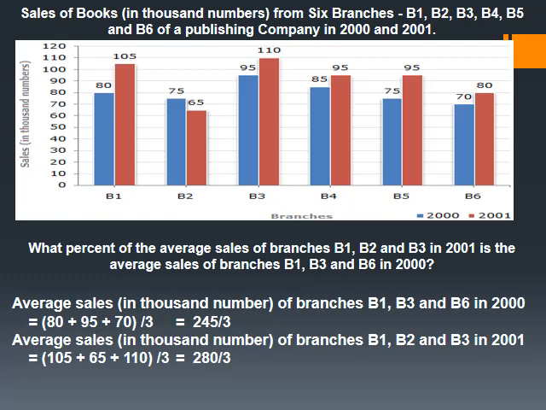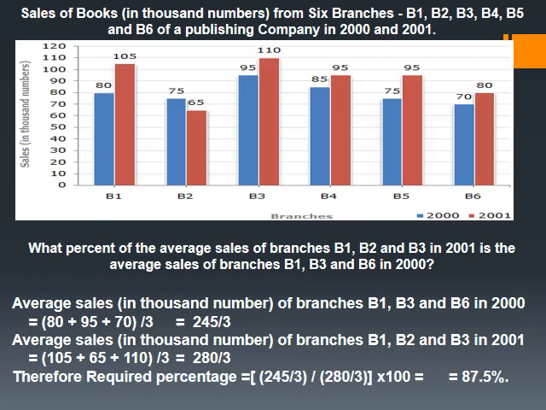And what you have to do is divide 2001 by 2000, so 280 by 3 divided by 245 by 3. Multiply by 100 will give the percentage. So you get 87.5%.